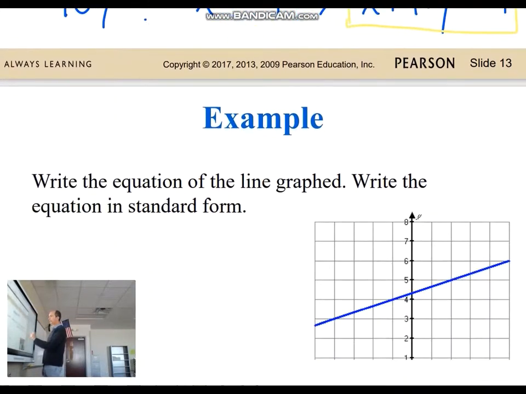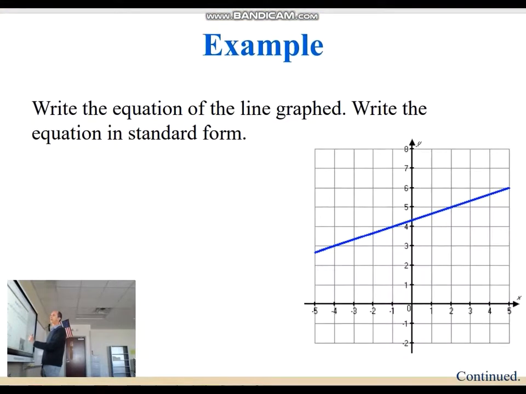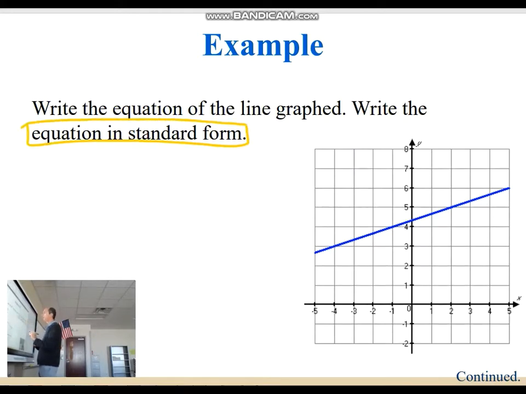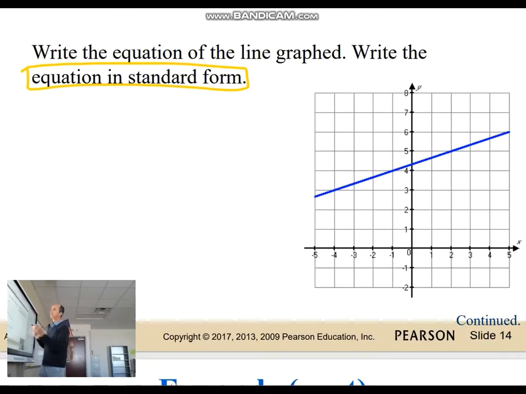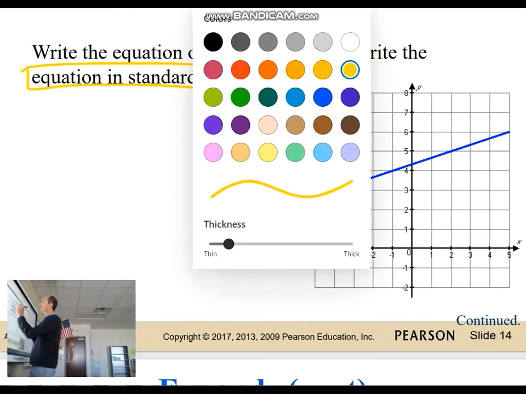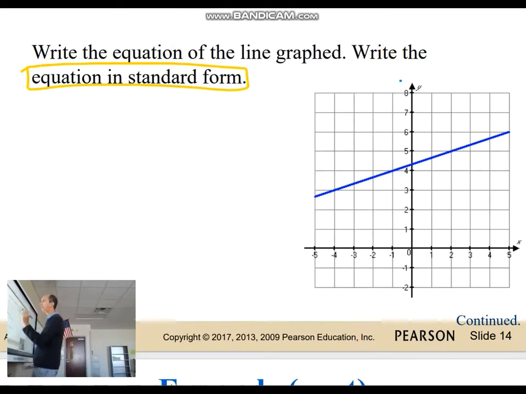Let's work on another example, and now it is being asked here to write the equation of the line graphed. Write in standard form. So the question asks specifically to write in standard form. What we need to do first is try to identify some points of this line.